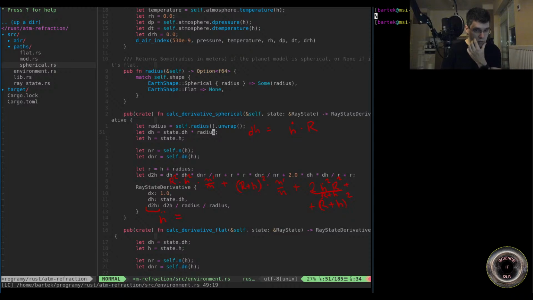So it would be equal here to h dot squared times n prime over n, plus r plus h squared over r squared times n prime over n, plus 2 h dot squared over r plus h, because this r squared gets cancelled, plus r plus h squared over r squared.